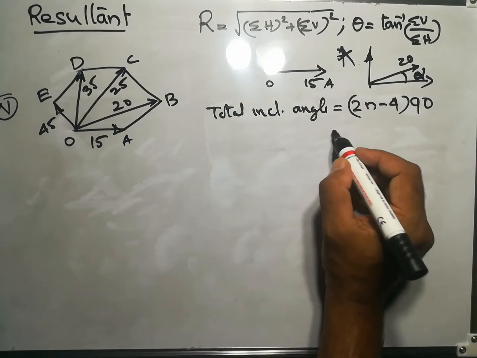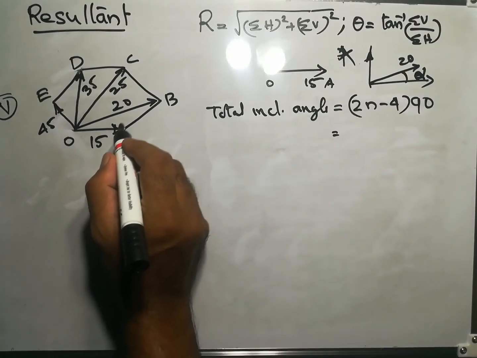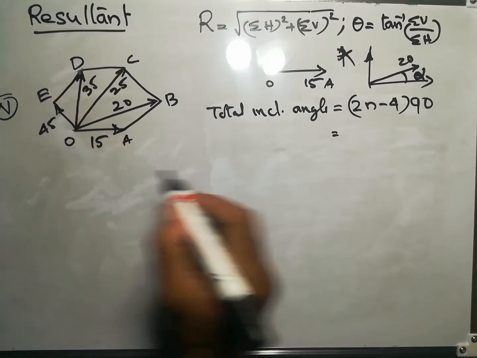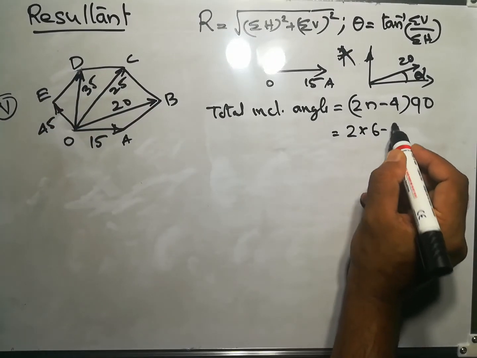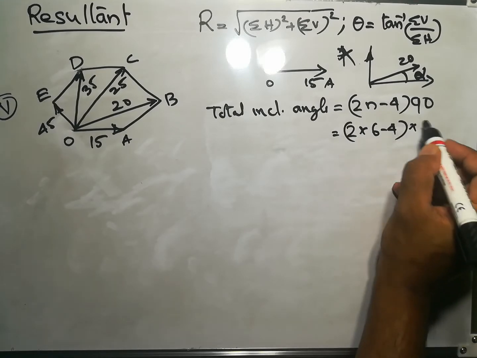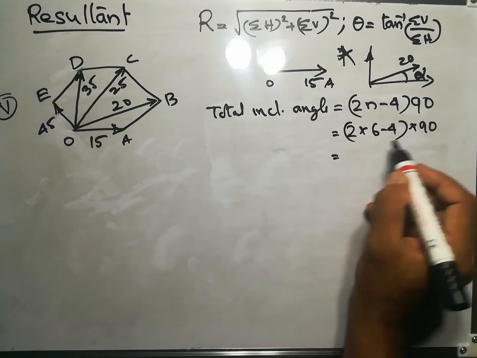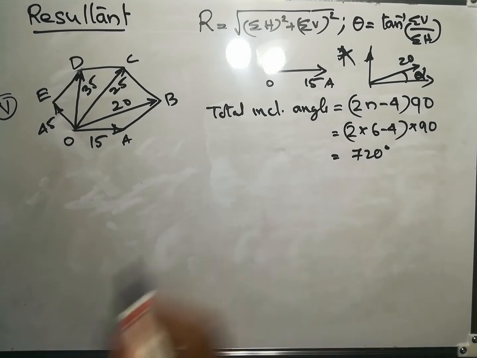Here n is 6, so it is (2 into 6 minus 4) into 90, which gives 720 degrees.